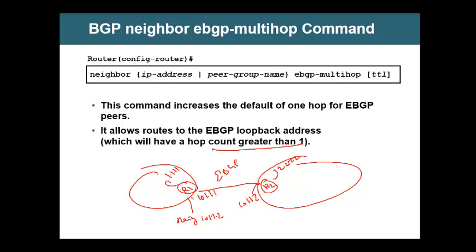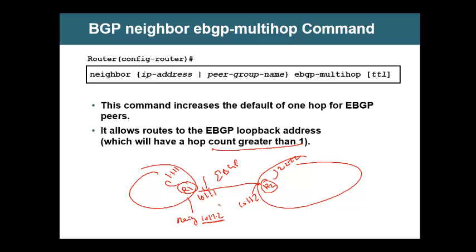BGP will check the routing table and it expects the 10.1.1 network to be a directly connected network. In the routing table it should say directly connected. The word should be there.